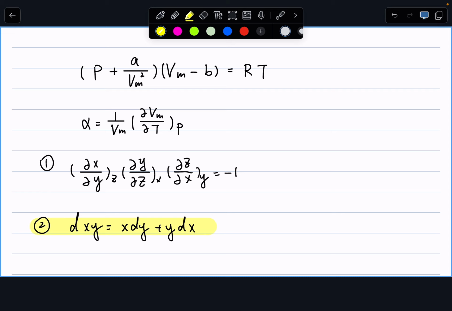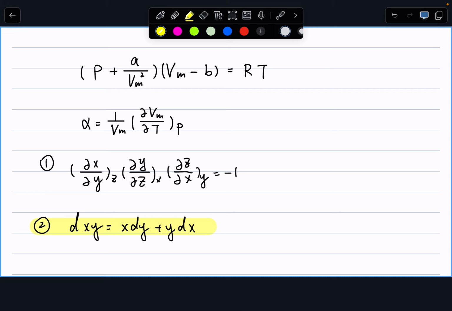So y is Vm minus b, times the dx term. Let's see, I'm missing a negative here. Shouldn't it be a over Vm squared? Yes, good catch. Okay, yeah, this one is correct, I just forgot that.